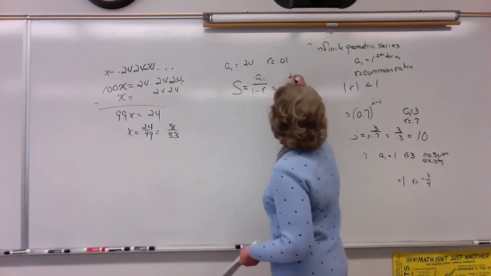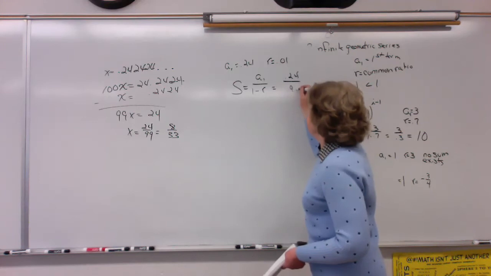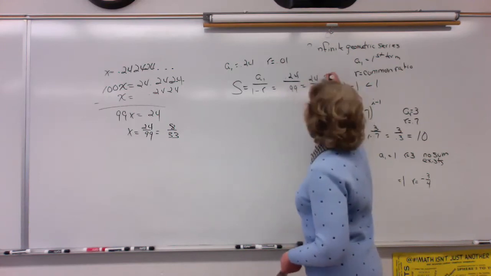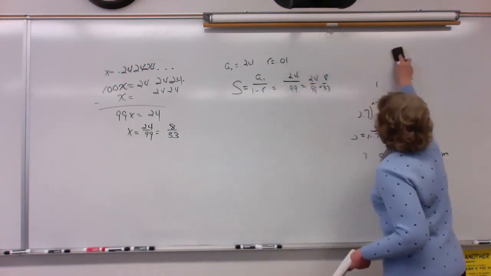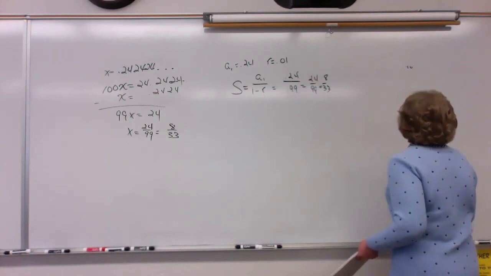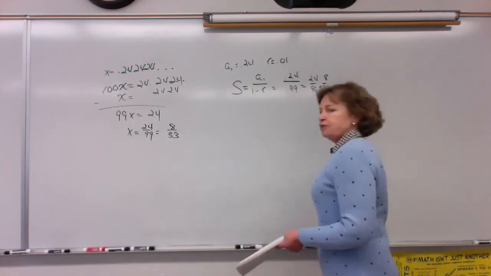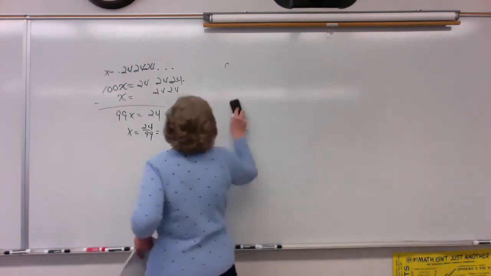And so I have 0.24 divided by 1 minus 0.01 is 0.99, and that's 24/99, and that happens to be 8/33, just like we got in the first place. So that's another way to convert repeating decimals to fractions.